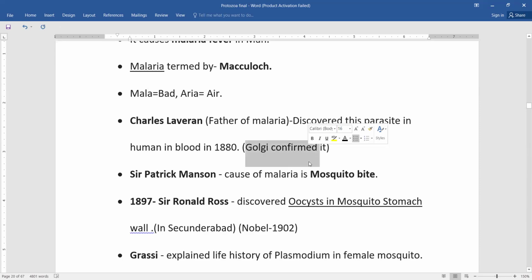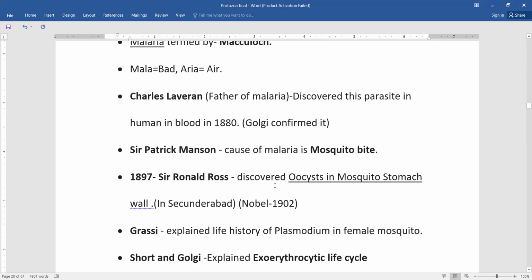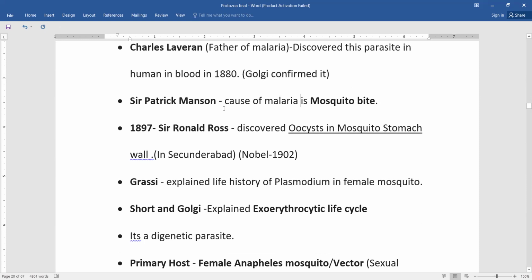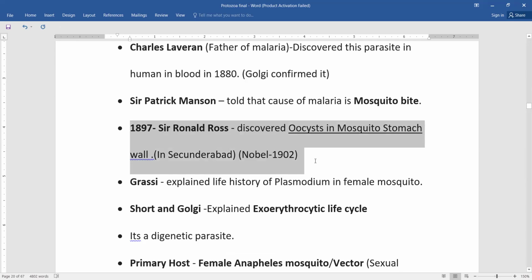Later, Golgi confirmed that information. And then Sir Patrick Manson told that the cause of malaria is mosquito bite. దోమ కాటు వల్ల మలేరియా వస్తుందని చెప్పింది సర్ ప్యాట్రిక్ మ్యాన్సన్. And this is a very famous incident in the history of zoology. So that is Sir Ronald Ross, who was one of the army doctors in India in Hyderabad.